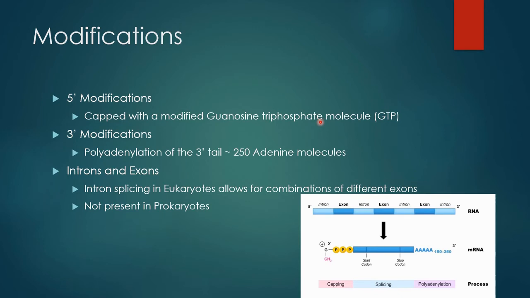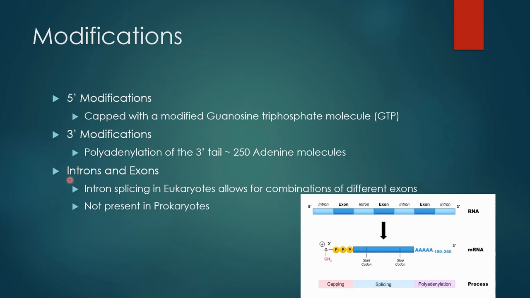On the 3' end, we have polyadenylation of the 3' tail, and this is basically adding a lot of adenine nucleotides to the end of the 3' tail. This protects the mRNA from being cleaved by exonucleases and other RNases in the cellular matrix.